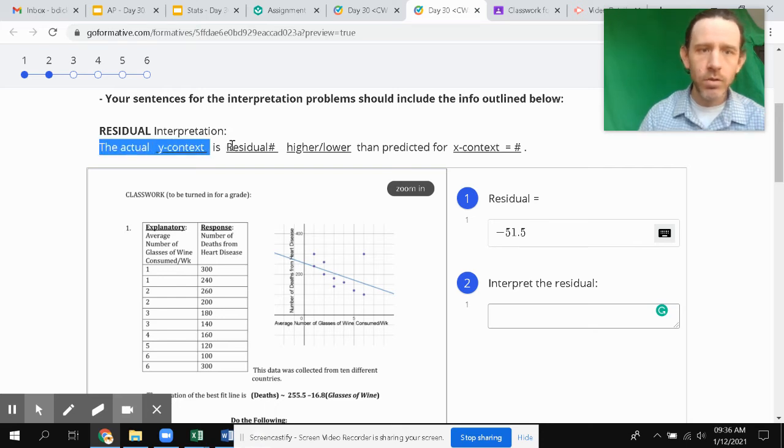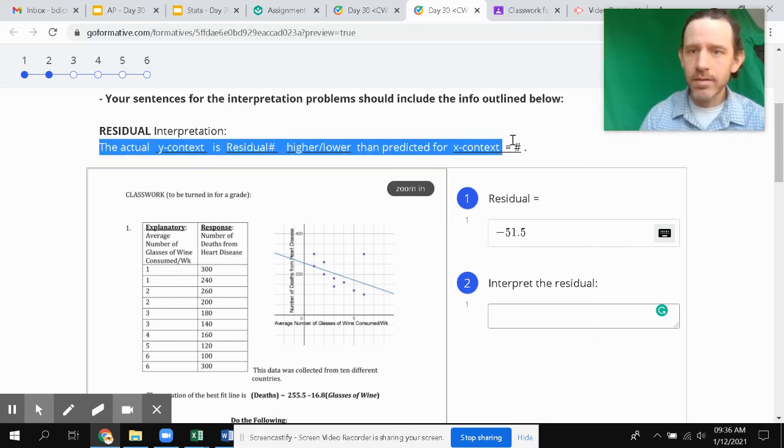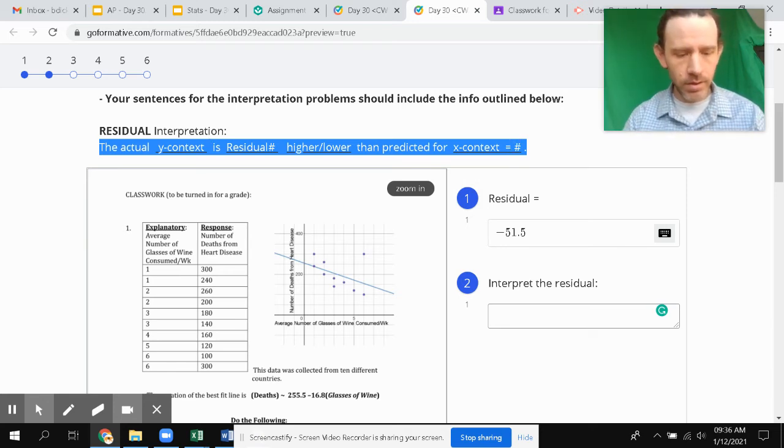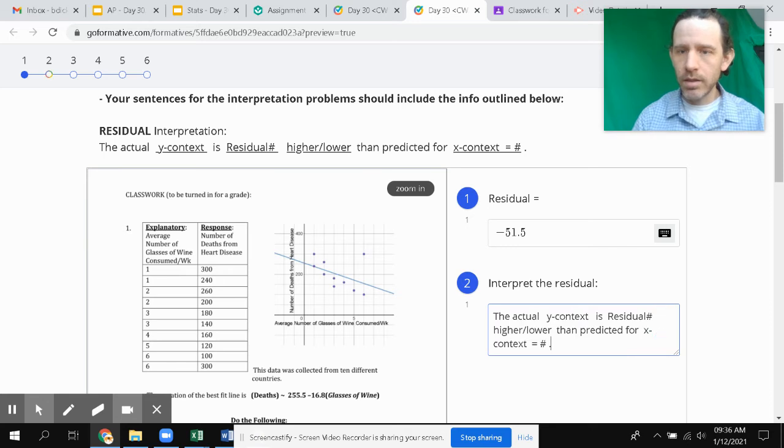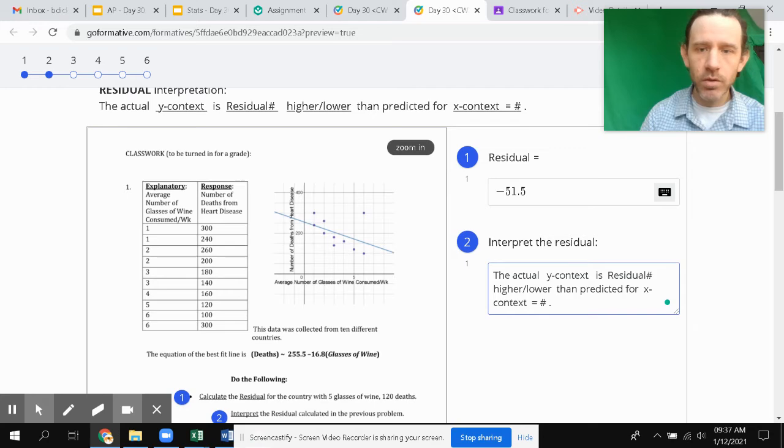Okay, so I can take this whole sentence and reuse it. So I highlight it, hit Control C to copy, and then I go into my answer for the interpretation, click in there, and hit Control V to paste. So I've got the sentence in there. I just need to change the things that were underlined to fit the problem that I have here for number 2. So let's start to do that.